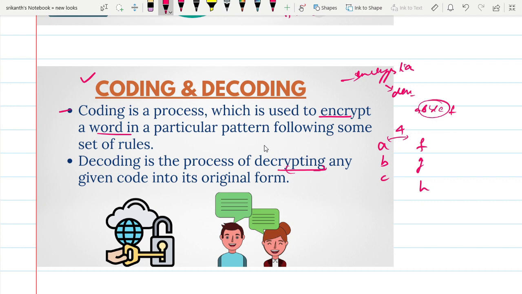Likewise, it can be J, K, L, M. Then K, L, M, N, O, P. So the next sequence will be P, Q, R, S. So this is how the next sequence will be. You are given a set of encoding, and how you decode it and find the next term is also part of this test. Okay, so these are coding and decoding tests.